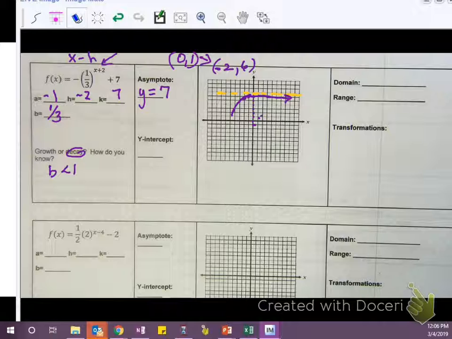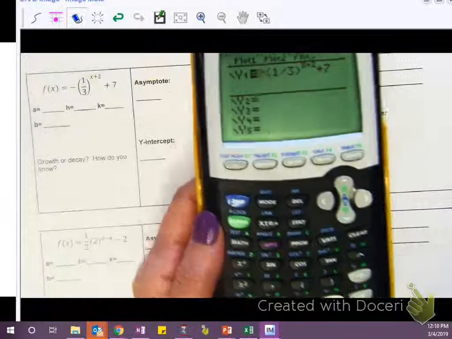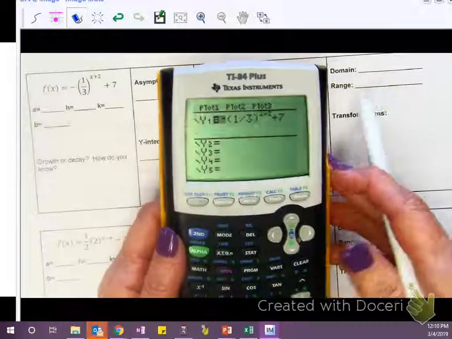So to find the y-intercept, I need to know what is the y value when x is 0. I've put the function in the calculator like this.